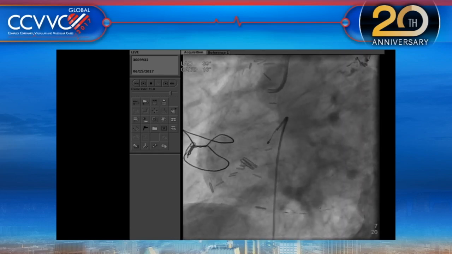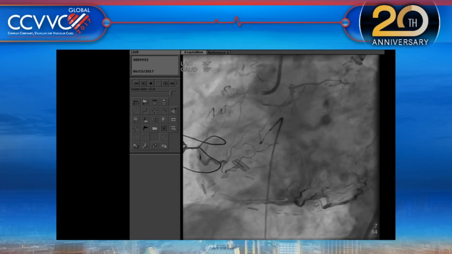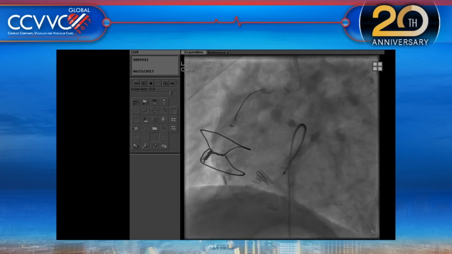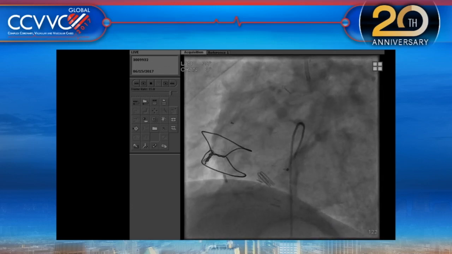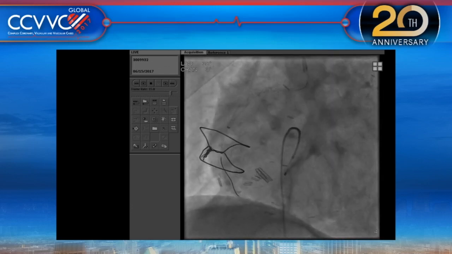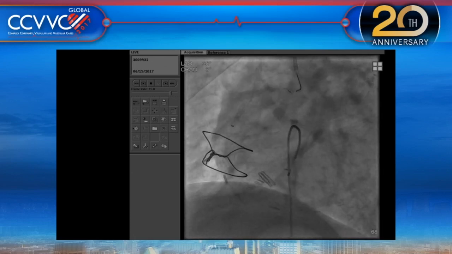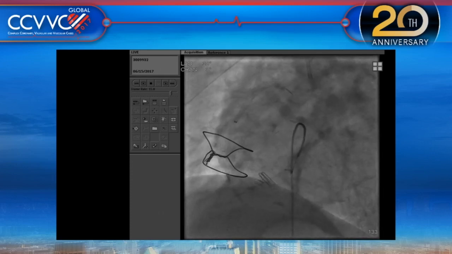Here, Nitin was able to wire it, and you can see that just barely. We tried to advance, and we saw it outside. It's a 6 French guide liner, which was advanced. And for the orbital burr, I asked him, because we know from the publication in JACC Interventions that for rotablation you need a 7 French guide liner. This is the 6 French guide liner.